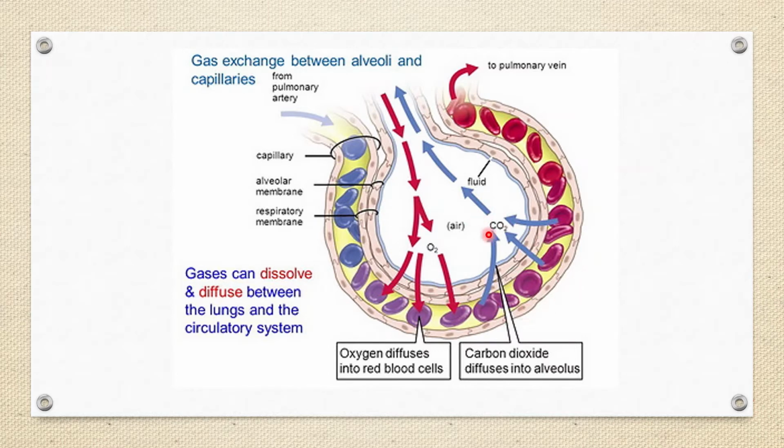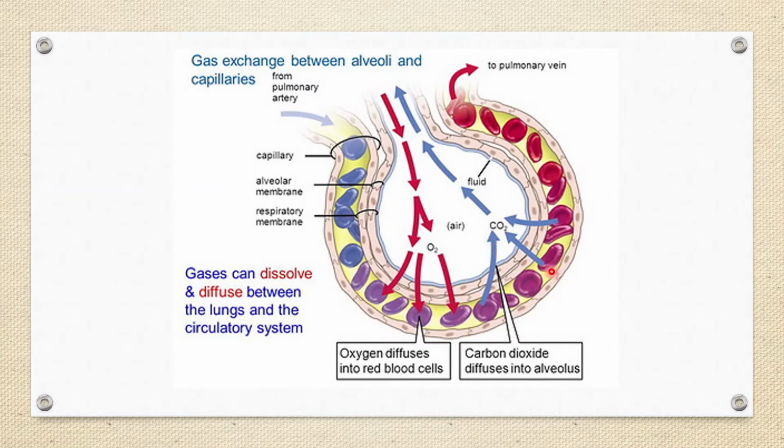Okay, for carbon dioxide, this is deoxygenated blood that is circulating from the body, and now as it passes through this alveolus, the red blood cells here have a higher concentration of carbon dioxide as compared to the concentration of carbon dioxide in the alveolus.